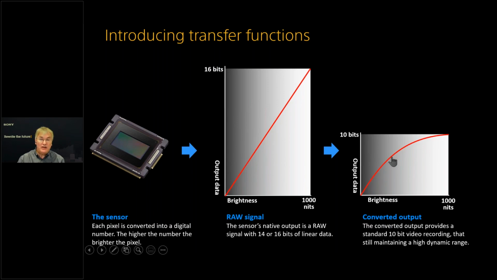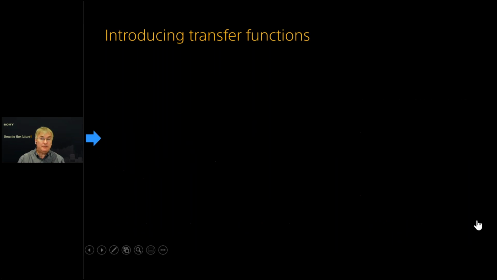But then as we go brighter and brighter, it's squeezing to fit all of that dynamic range into the available space for that particular video signal with 10 bits quality. Now that's what we call an optoelectrical transfer function, or an OETF. This is the transfer function in the camera that is turning the signal from the sensor into some kind of standard video signal that we can send out.